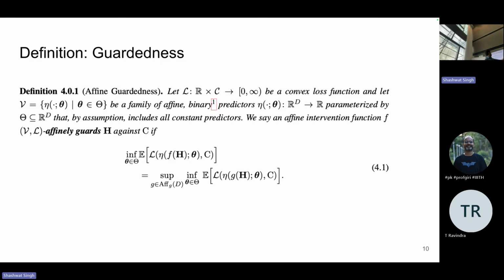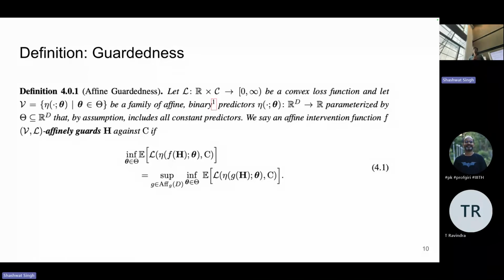So it's saying that I get the best eta, and I get g such that it is the worst possible value, essentially. That's the translation of this expression. Because eta also includes constant predictors, we call this particular expression trivial loss.